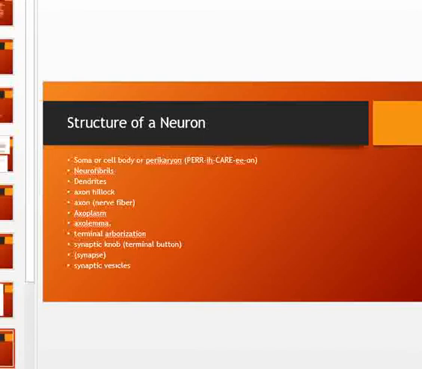The bundles of actin filaments compartmentalize the rough endoplasmic reticulum and make it appear like dark stained regions. That is what we call the neurofibril, the bundles of actin filament. This makes the rough endoplasmic reticulum appear like dark stained regions, and this one is what we call the Nissl bodies.